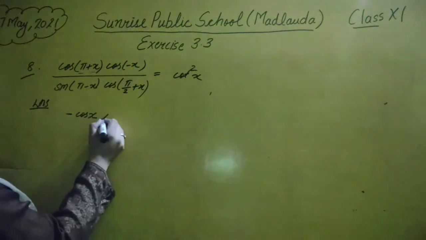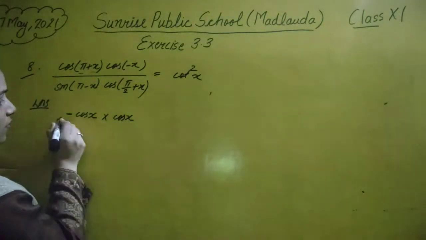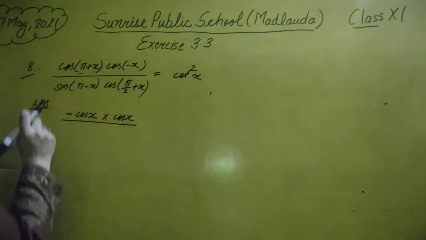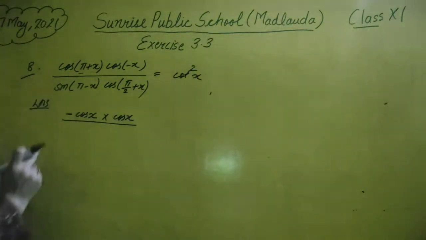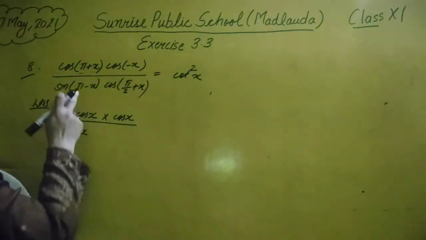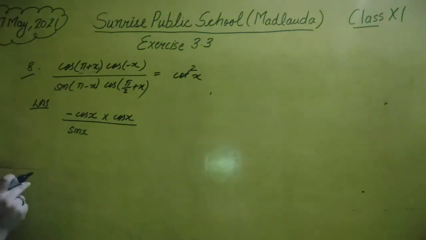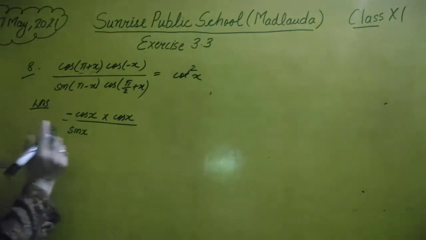Now cos of minus x is always cos x. In the denominator, sin of pi minus x, the value will be sin x, because at pi the trigonometric ratio stays the same, and we enter the second quadrant. In the second quadrant sin is positive, that's why I am taking positive sin x.